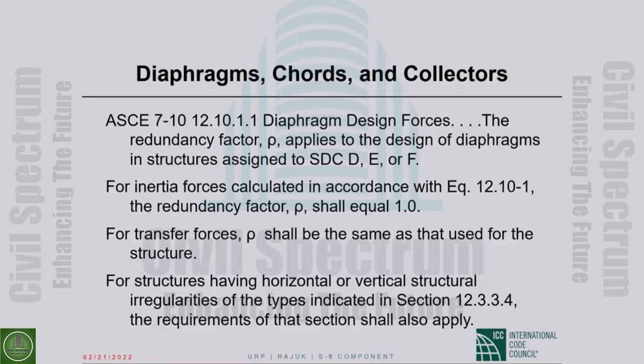Remember, rho is in the design load combinations, when you are combining the effects of earthquake forces with the effects of gravity. So this transfer force will be an earthquake effect.